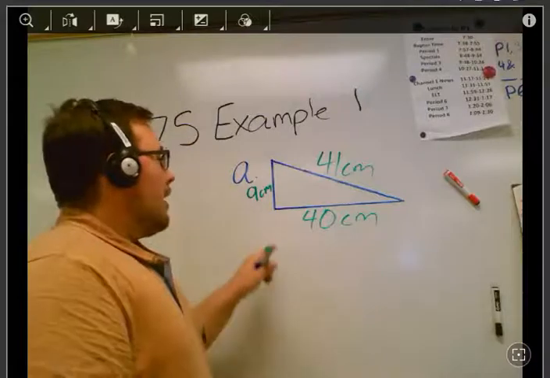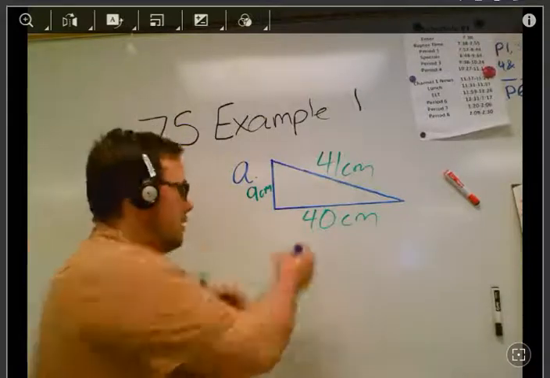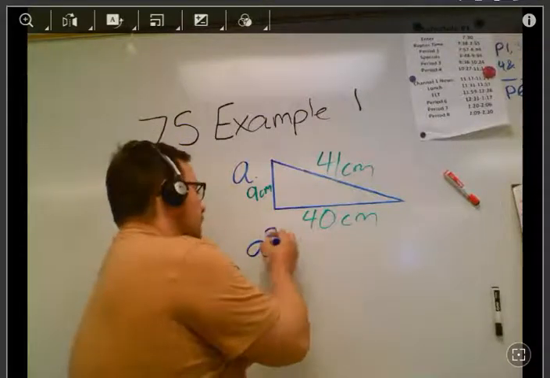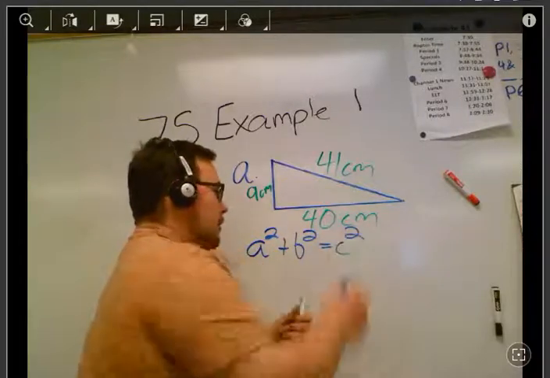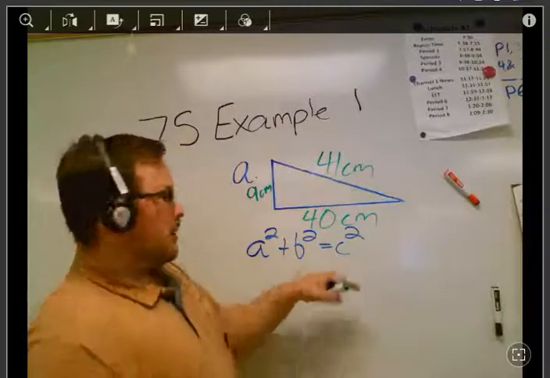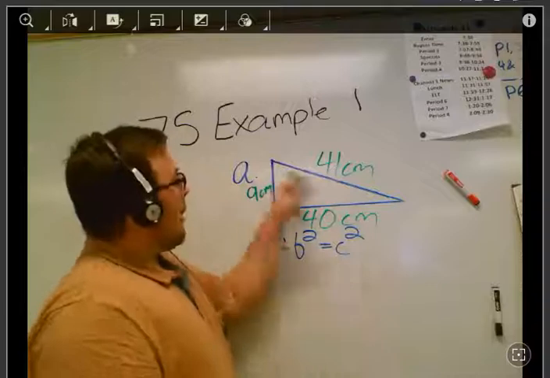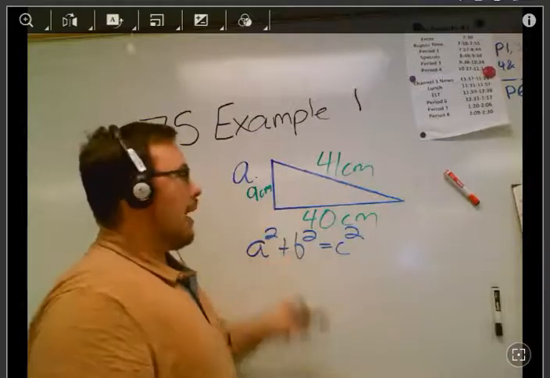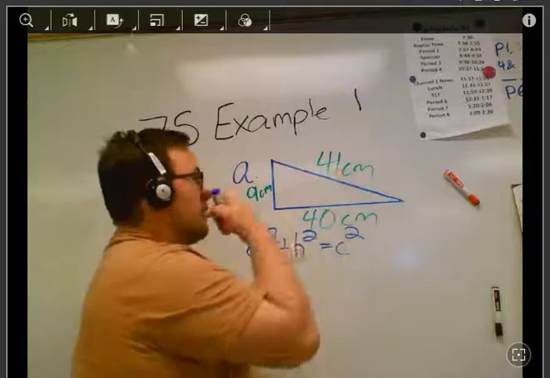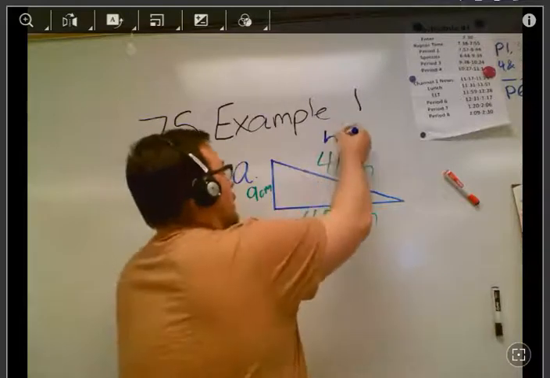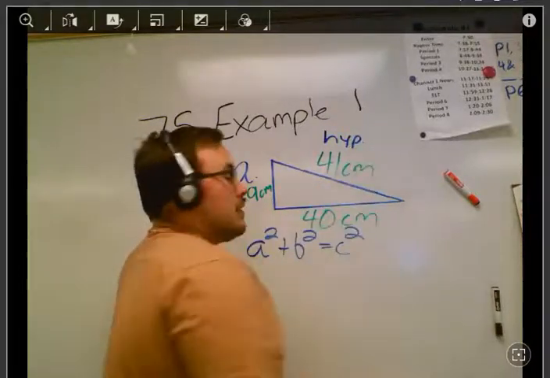Alright, so for A here, we know a squared plus b squared equals c squared in right triangles. What we need to do to tell if this is a right triangle is put these numbers in the proper spots. Okay, so we know that 41 centimeters here is the hypotenuse because it's the longest side.